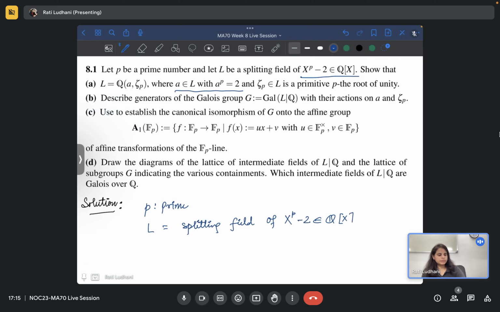So what is the splitting field? By definition, a splitting field is the field extension in which the given polynomial splits into linear factors completely.